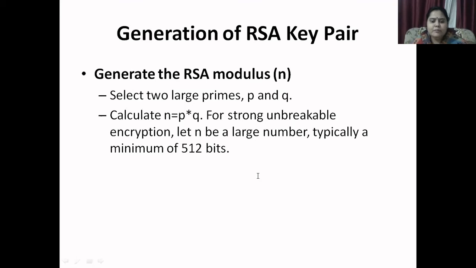The process followed in the generation of keys is described below. First, generate the RSA modulus N. Select two large primes P and Q and calculate N equals P times Q. For strong unbreakable encryption, let N be a large number, typically of 512 bits.